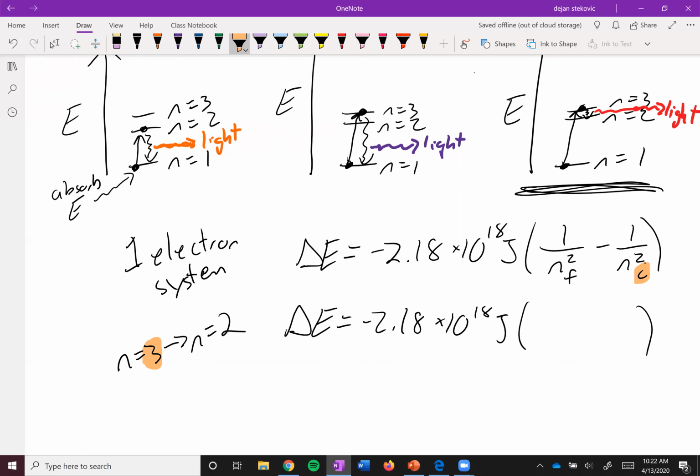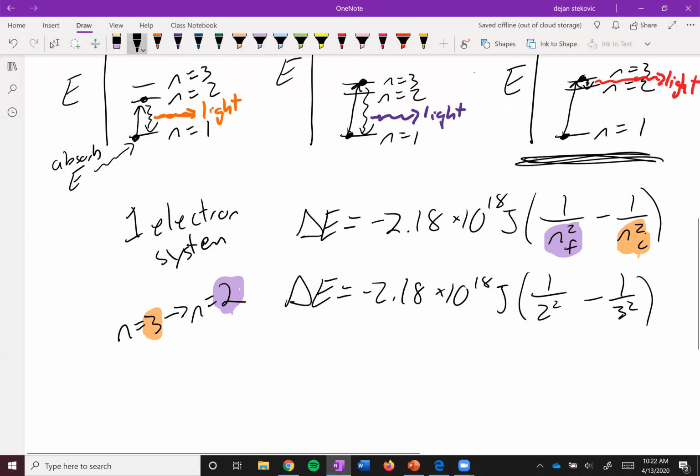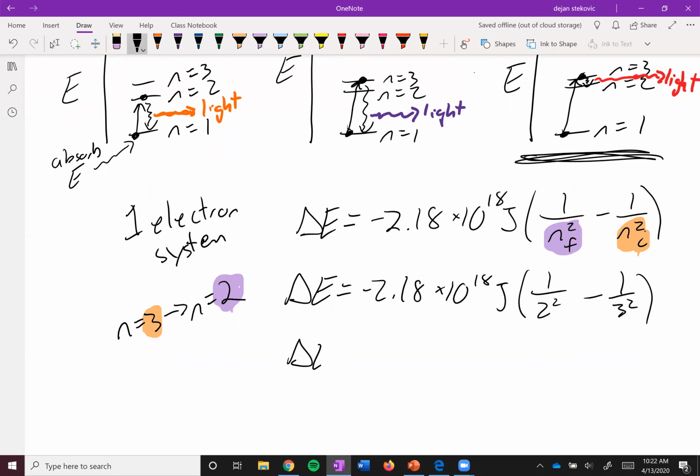So that goes down here. And then our final is 2. So that goes right there. So it's 1 over 2 squared minus 1 over 3 squared. And then if you plug and chug that way through, you get a negative 3.03 times 10 to the negative 19 joules as your answer.